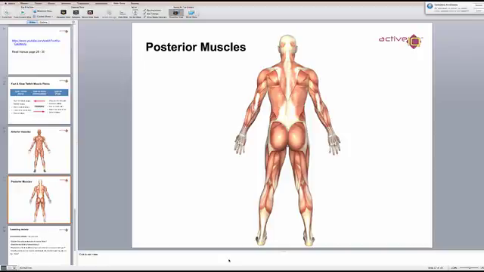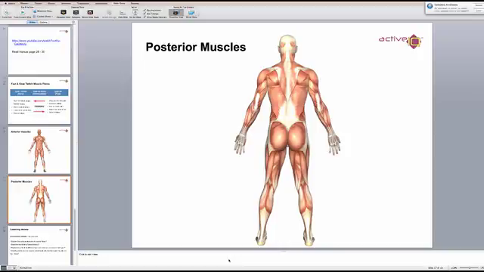There's a big chart that shows you all of the origins and the insertions. You need to know where all the different muscles originate from and where they insert into. This always comes up on the exam, okay, so make sure you're on page 36 and getting that knowledge down.